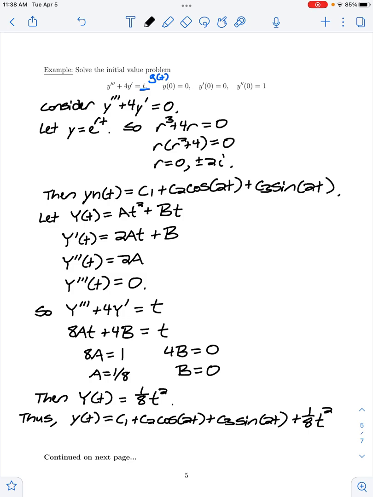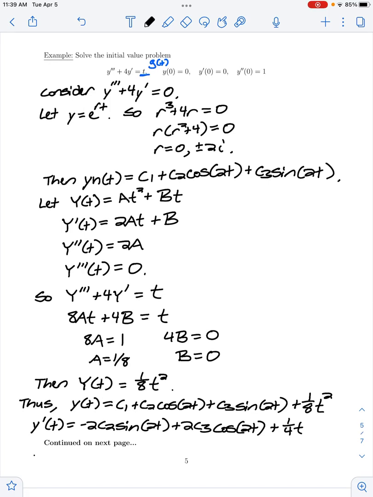So let's take a look at y prime here. For y prime, we would have negative 2c2 sine of 2t plus 2c3 cosine of 2t plus 2/8 or 1/4 t.